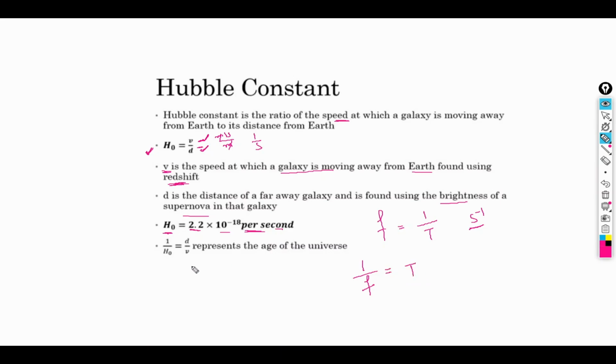So this 1 upon H naught, the inverse of Hubble's constant, will be distance upon velocity, the reverse of this thing. So it represents the age of the universe, from the Big Bang, when it happened, to now, the time lapse. So this will answer how old our universe is.